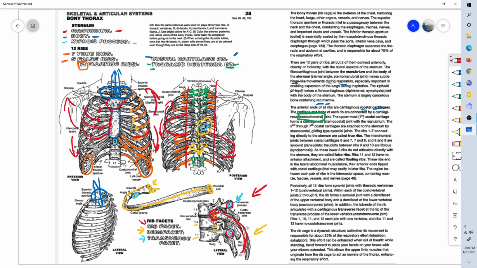So they move very slightly, but they do move in this bucket handle movement. Ribs are also an attachment point on the back for a lot of muscles, the back muscles that run up and down the spine. They attach on the ribs and on these thoracic vertebrae as well.